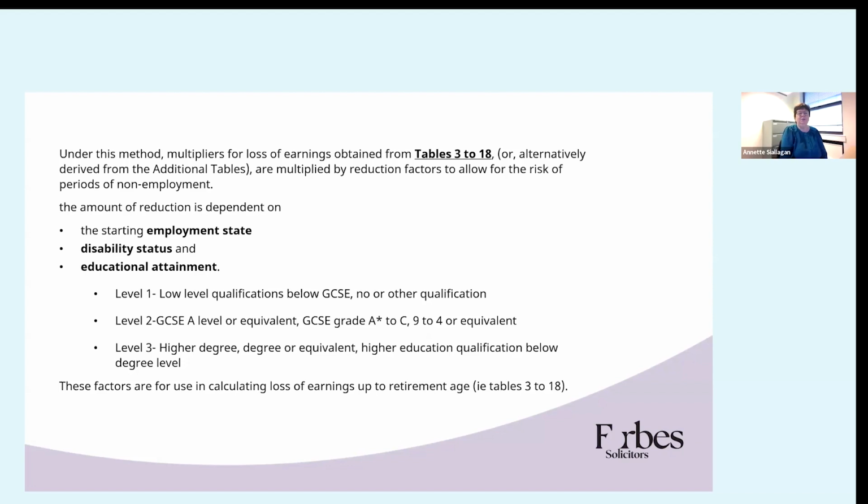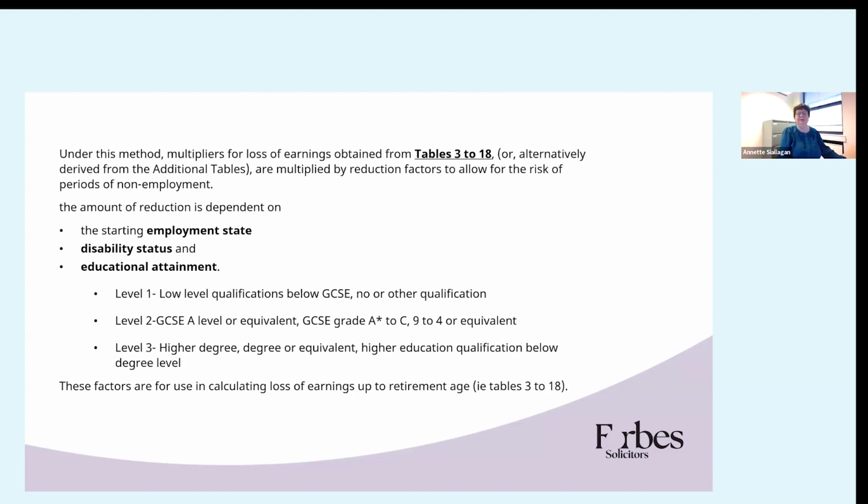So level 1 for the educational attainment is GCSE or below GCSE, sorry. Level 2 is GCSE and A levels, and level 3 is higher degrees.